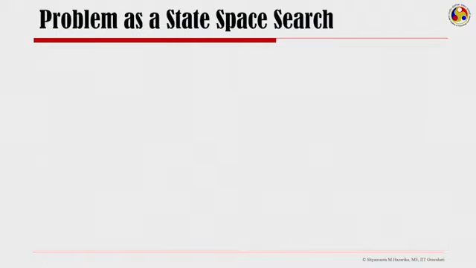So, we are now in a position to state what we started our lecture with, that we want to do problem solving as search. But before that, we need to understand what we mean by problems as state space search.